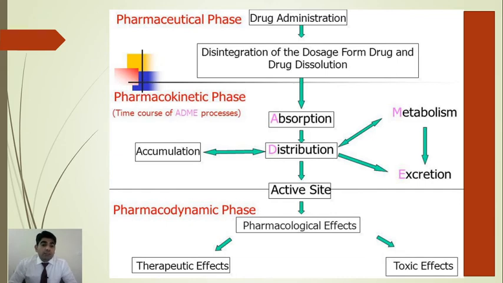Pharmacodynamics means what the drug does with the body, just the reverse of pharmacokinetics. When the drug reaches the site of action, or finally the site where it has to bind, by any mechanism it shows its pharmacological effects by various mechanisms, and leads to therapeutic effects and toxic effects, if there are genetic variations, or due to high concentration, or due to different behavior of the drug.